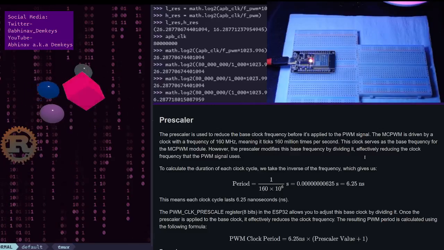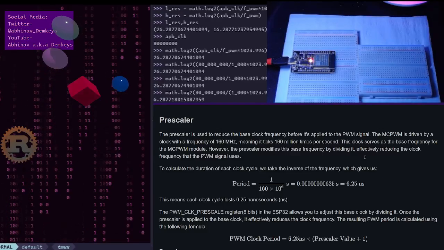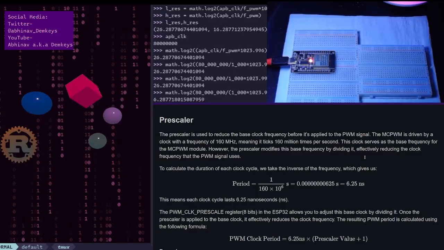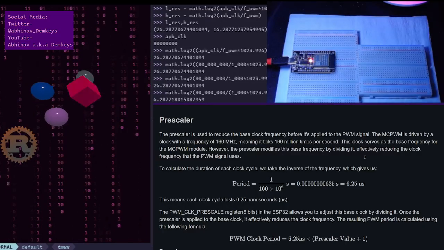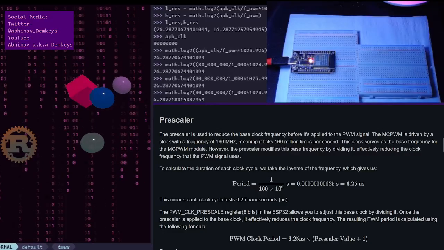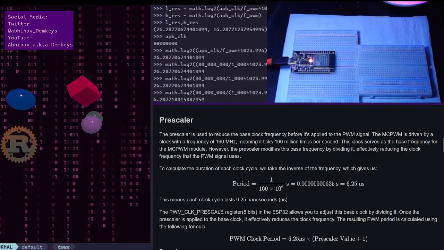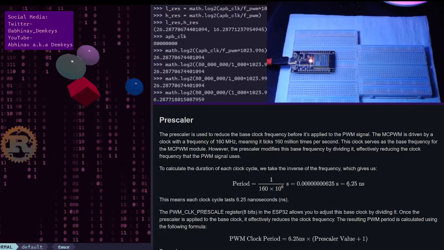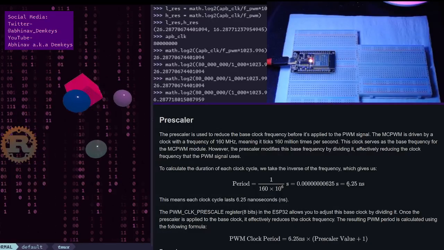Yeah, same as what we did with the APB clock. So we did 1 divided by 80 million, and that gave us 12.5 nanoseconds, and this is exactly half of that, I guess. How is this half of that when the frequency here is double of that?